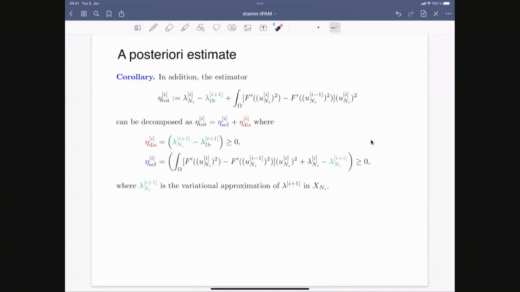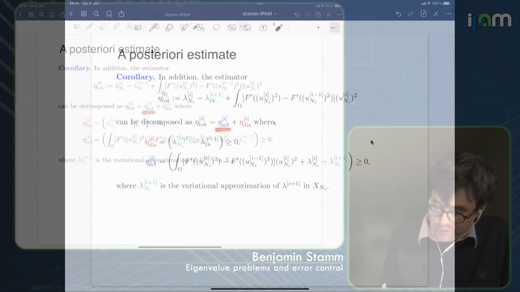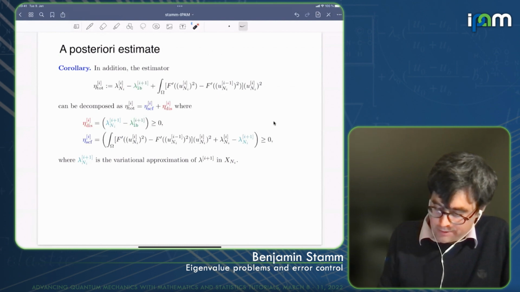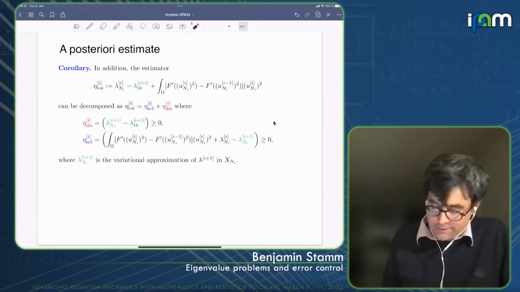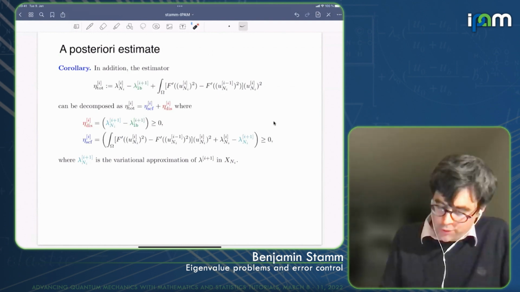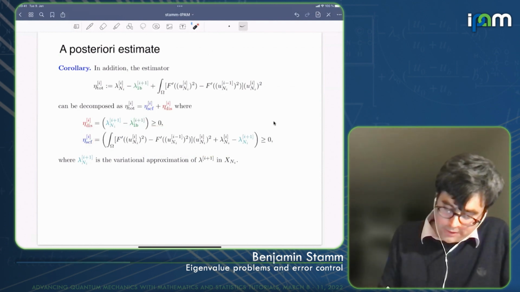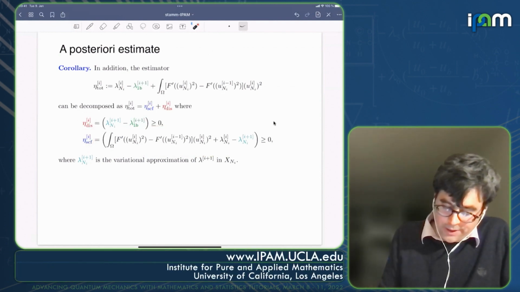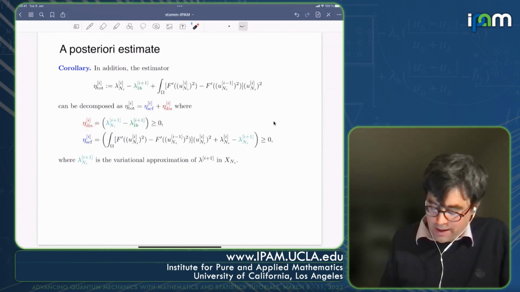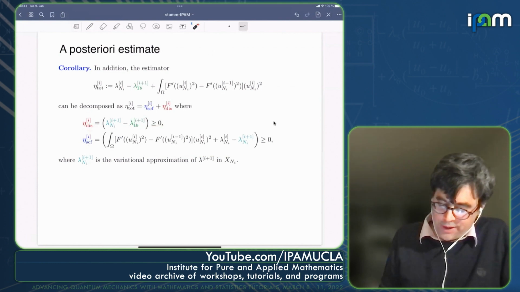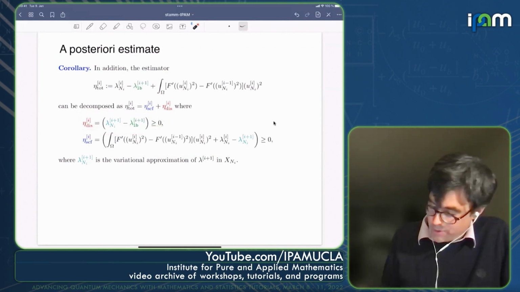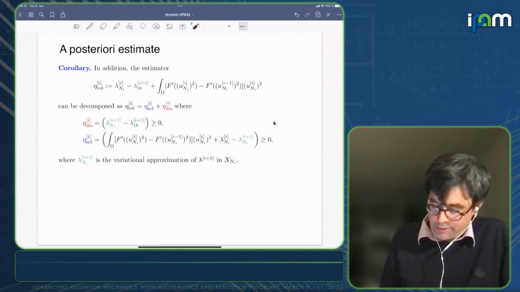But then, in addition to that, this error quantity, this estimator, you can divide it in two estimators, a SCF estimator and a discretization estimator, in the sense that if you have fully converged the SCF, then this term is 0, and the error is dominated by your discretization. On the other hand, if you have a very small discretization error, then this is very small, and this will be the dominating factor.